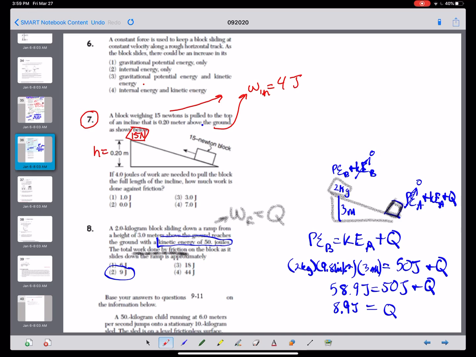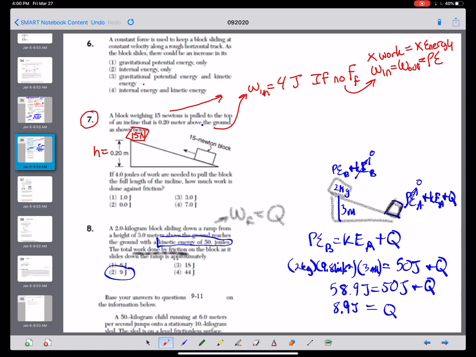Now, if there's no friction, FF, work in equals work out, which in this case is going to be whatever PE you give it. Because remember, work equals energy. Well, that's only the case if there's no friction.